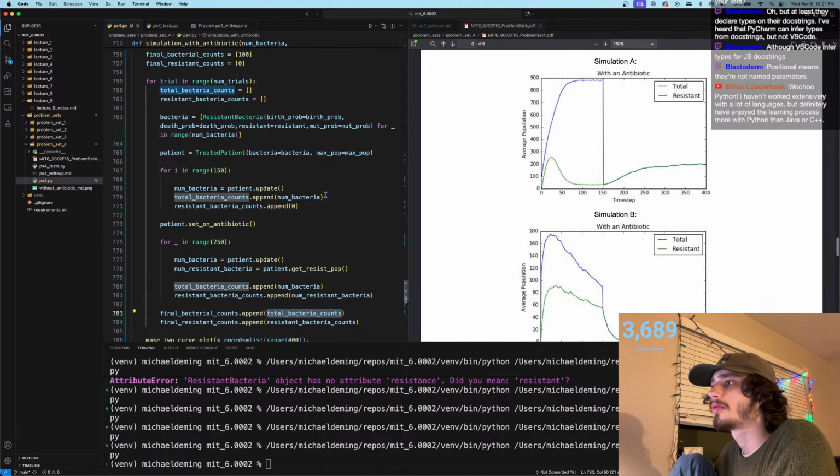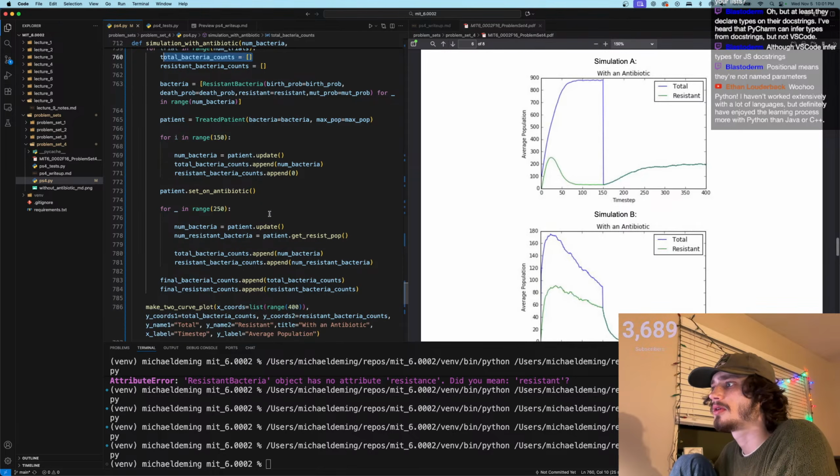Okay, hold on. So we add the number of bacteria and the number of resistant bacteria over each run. And I'm going to average this list.